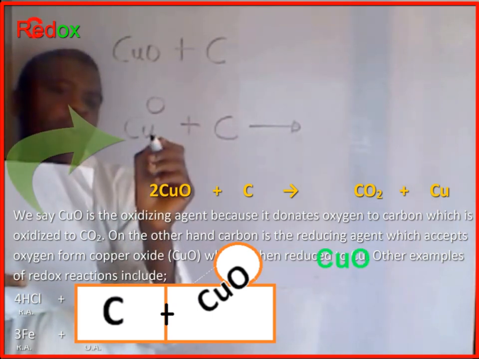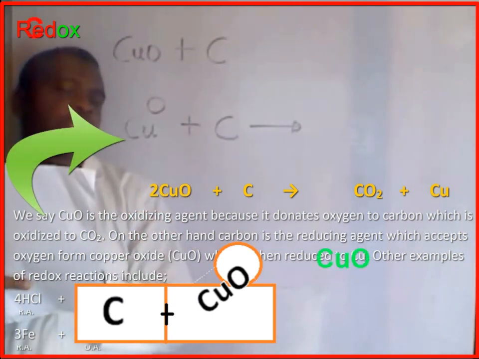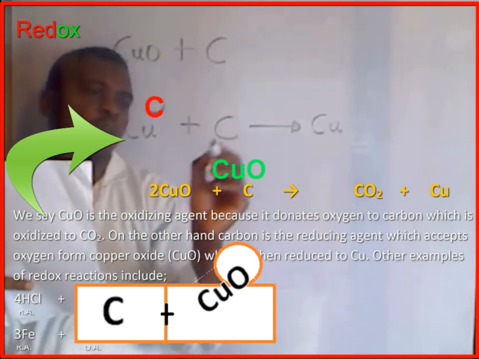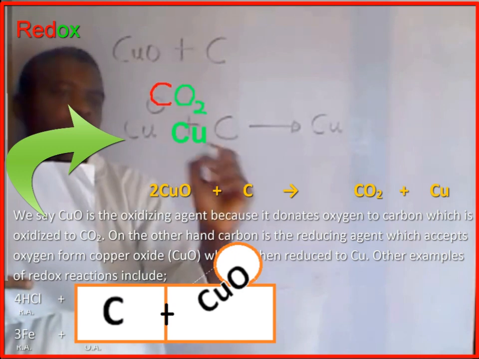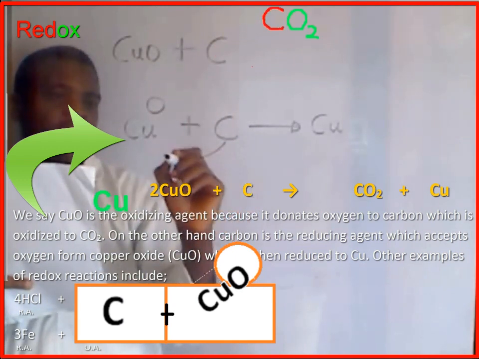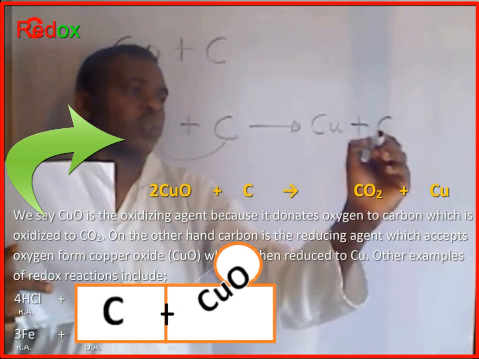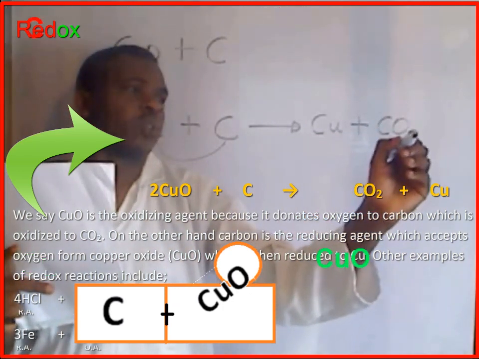Our copper oxide here is our oxidizing agent. So this will give us copper, while the carbon gains the oxygen to give carbon dioxide.